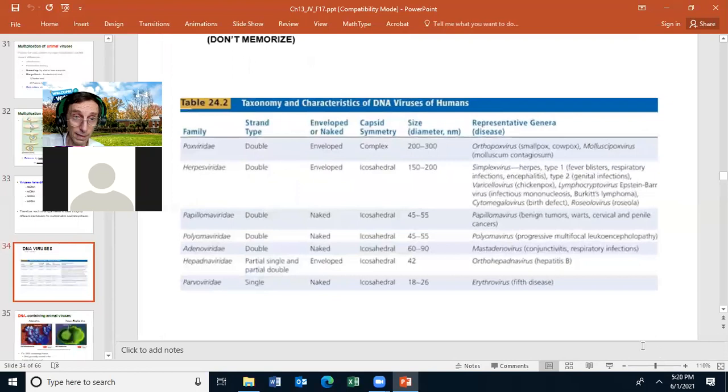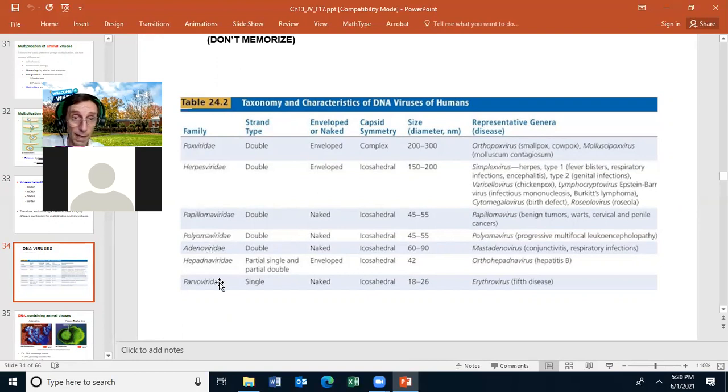And you do not need to memorize all of this table. We will talk about the herpes viridae and the pox viridae. I think most of the others we're not really going to talk about. Oh, we'll talk a little bit about the adenoviruses.